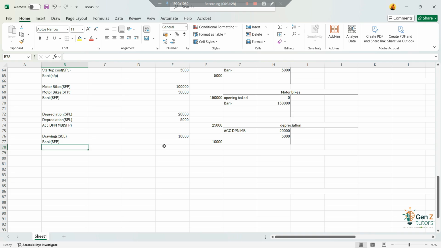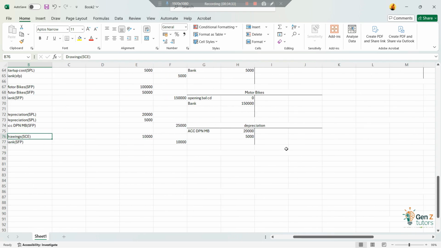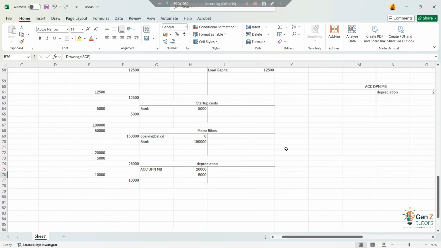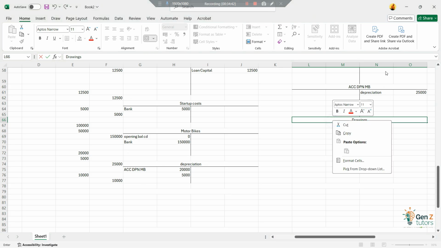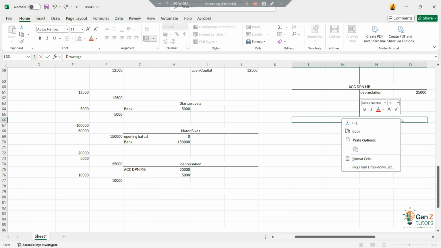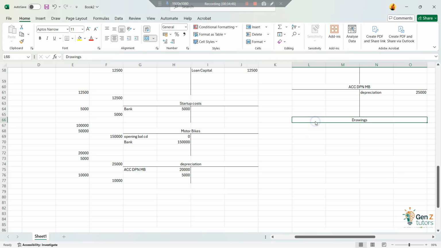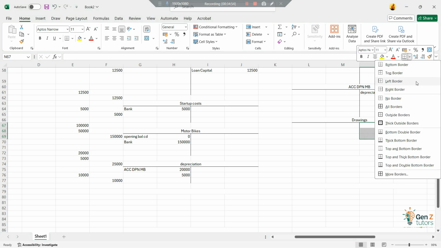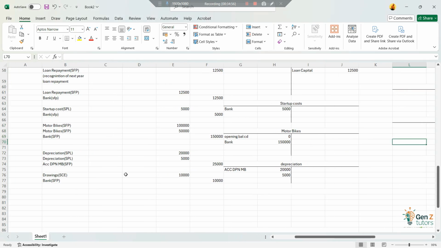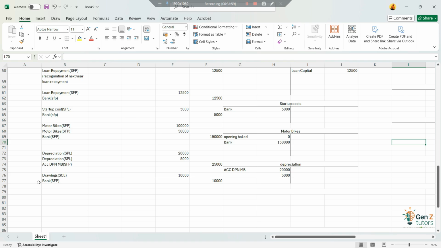And now we go and create the drawings ledger account here. In the drawings ledger account, we have to debit the drawings ledger account due to bank.